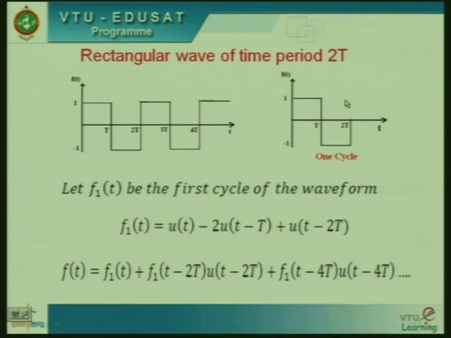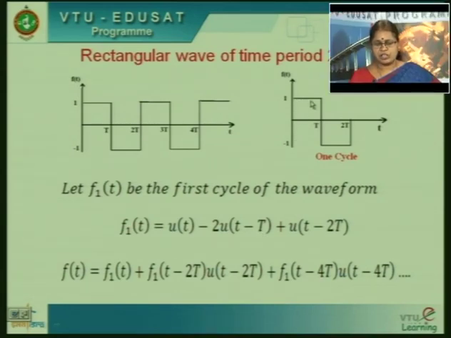So, one function has a magnitude 1, another function has a magnitude minus 2. If I add these two functions, the resultant function will have a magnitude of plus 1 minus 2, which becomes minus 1, and the function continues like this. So, if I have just u of t minus 2 times u of t minus T, the resultant function will have a magnitude of 1 up to this point, and will have a magnitude of minus 1 beyond this point.